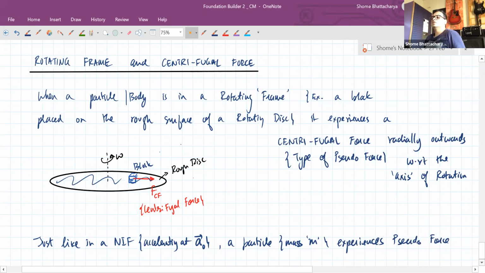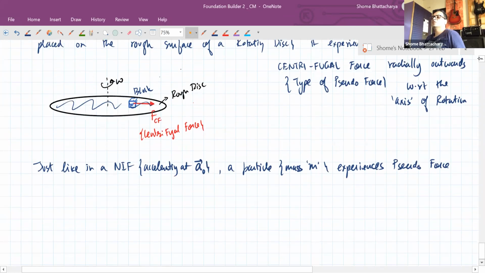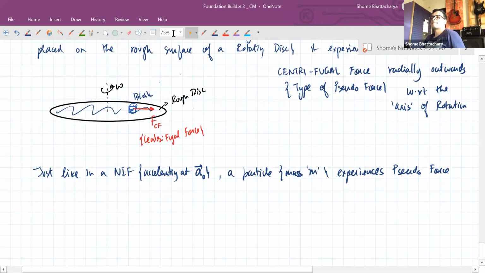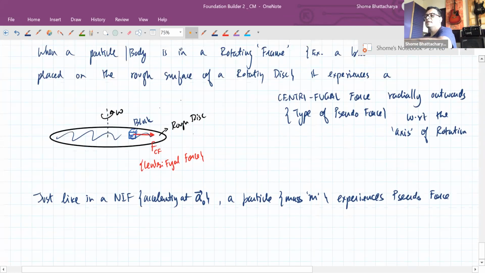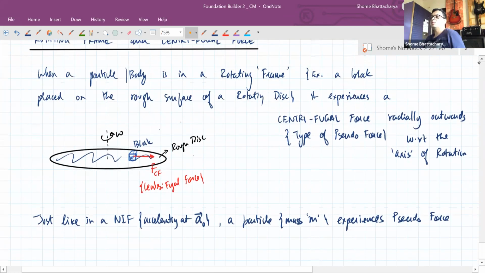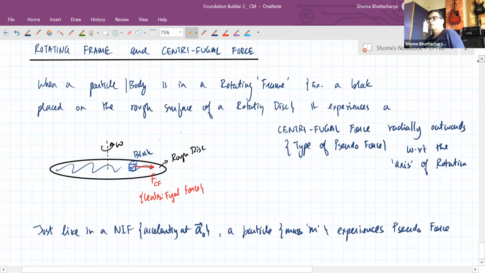Now you've done this in Newton's laws. What is the amount of pseudo force experienced by such a particle? Its magnitude will be m a naught, but the direction will be opposite to the acceleration of the frame.